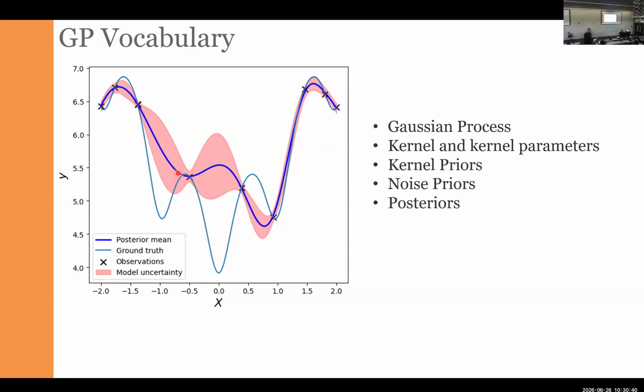So notice that the true value is very different from the mean, right? However, the reason it is useful is that the uncertainties indicate the regions where we should take the next measurement. It's not equivalent, but if we follow this process, then we will discover the true function.